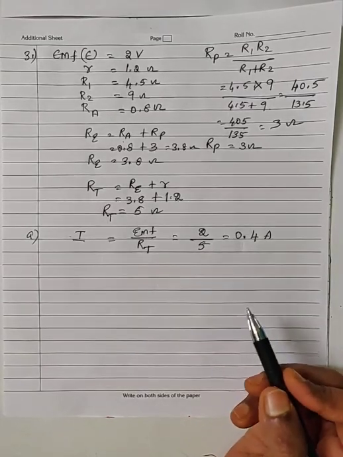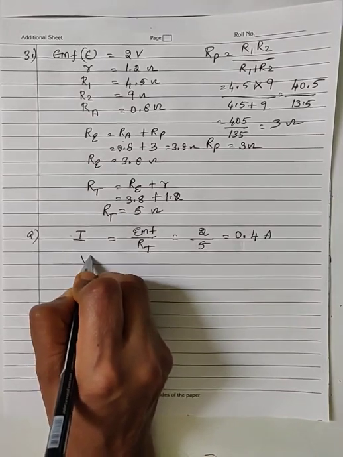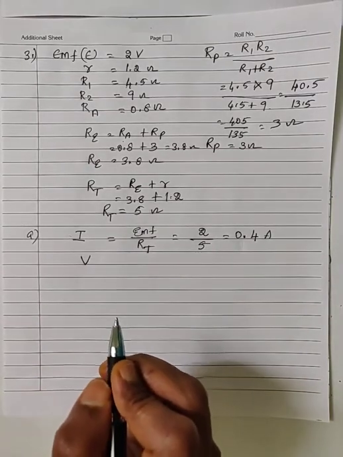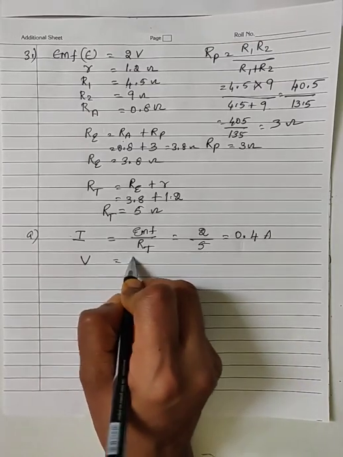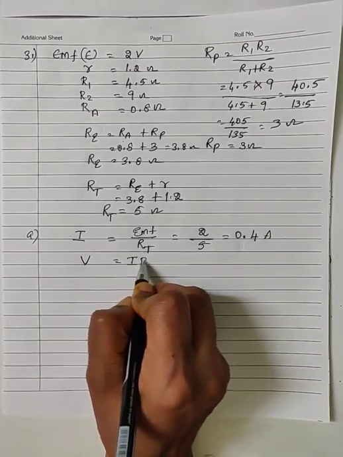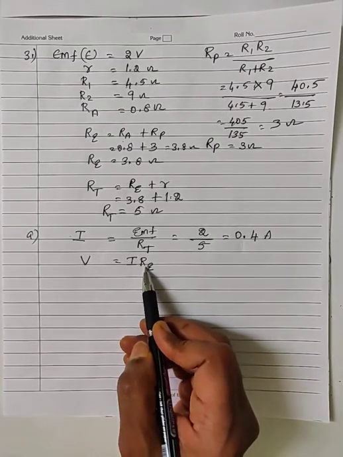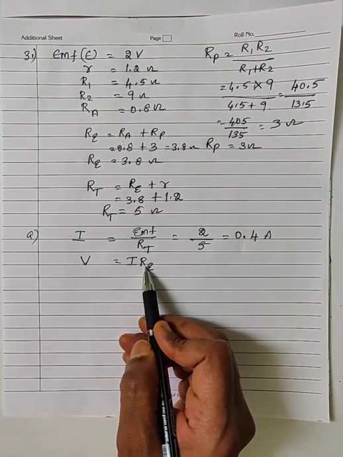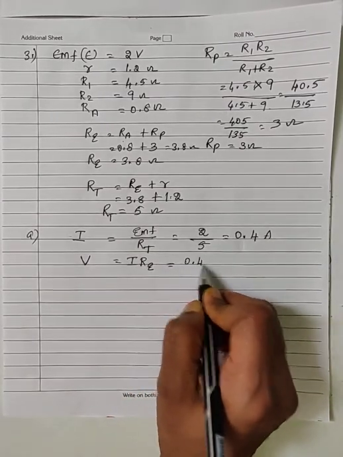Next, the potential difference across the terminals of the cell. The potential difference across the terminals of the cell is called the terminal voltage, which is represented by the symbol V. The expression for terminal voltage is I into R. I is the current drawn from the cell, R is the external resistance connected in the circuit. The current drawn from the cell we have calculated as 0.4.